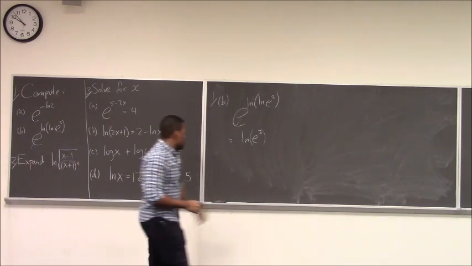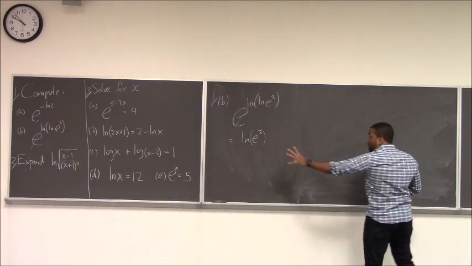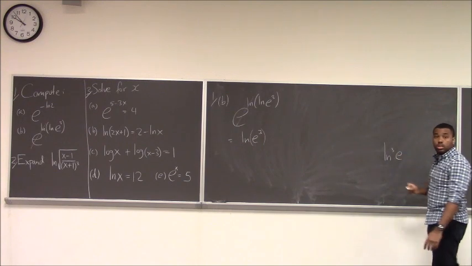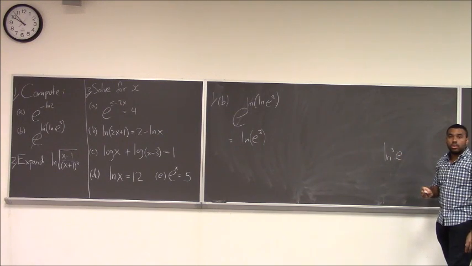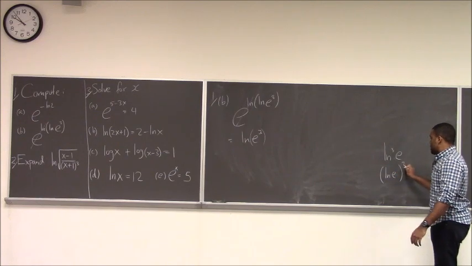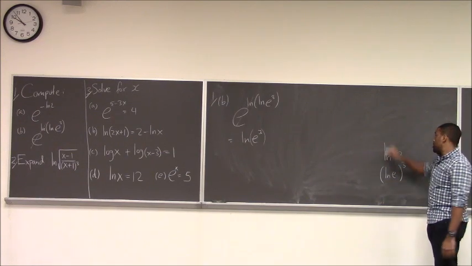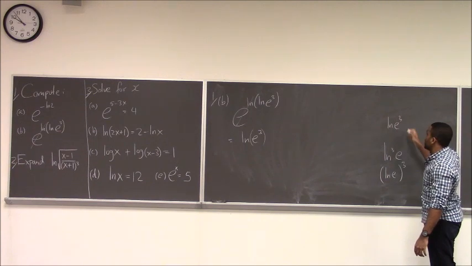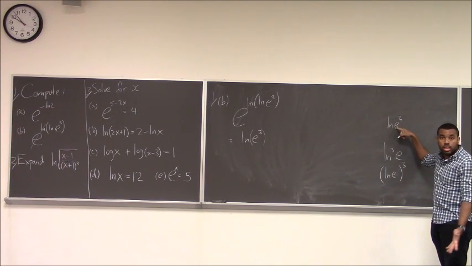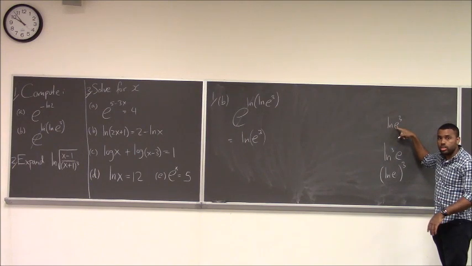It's customary when you have a notation like ln, if you want the power on the whole thing, you might type it in front, so it would look like that. Or it would look like this if you want to cube the whole thing. But if you just have ln of something with a power, you would assume that the power applies directly to the thing directly to the left, unless parentheses tell you otherwise.